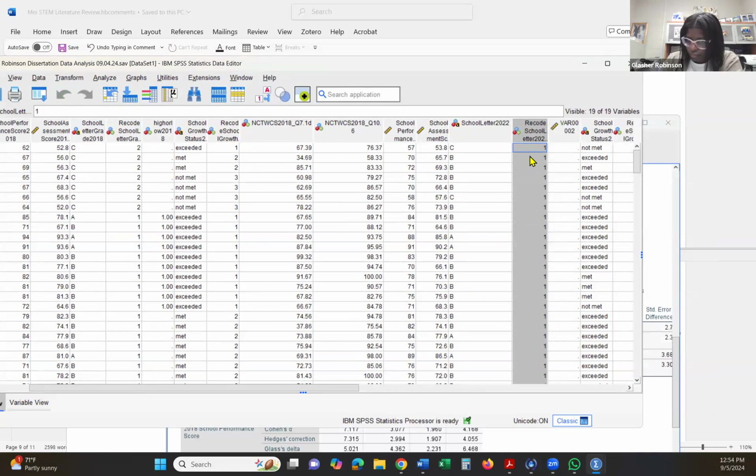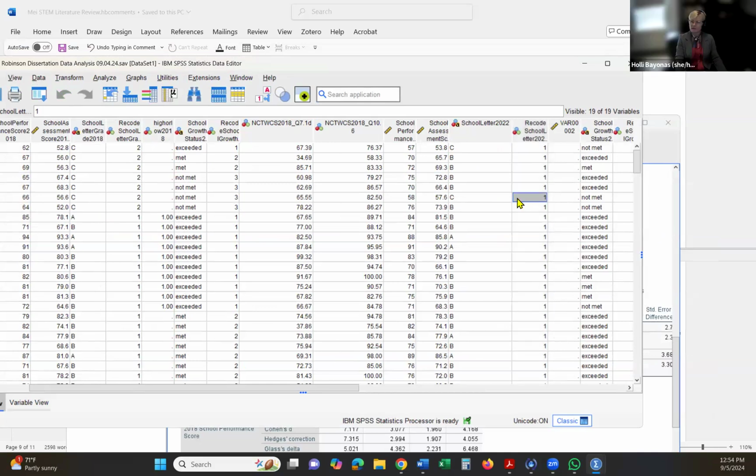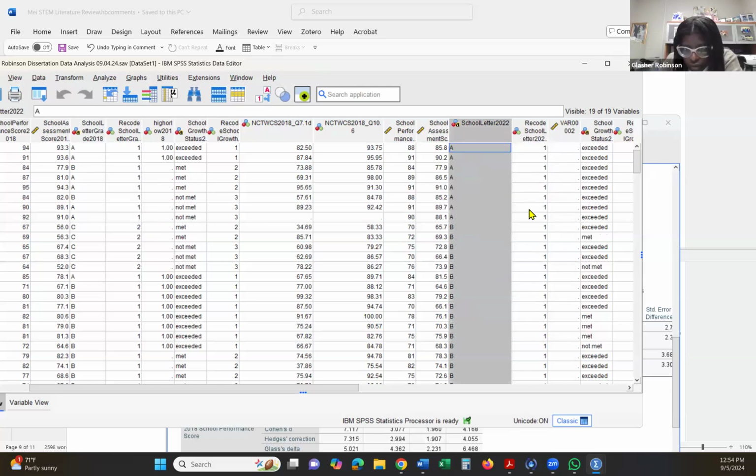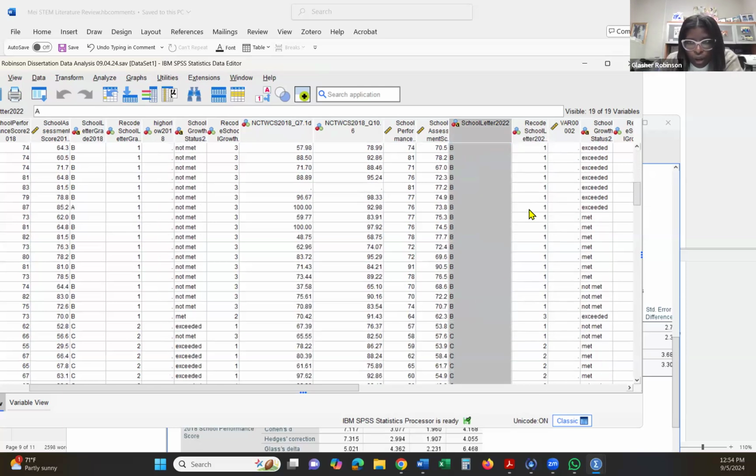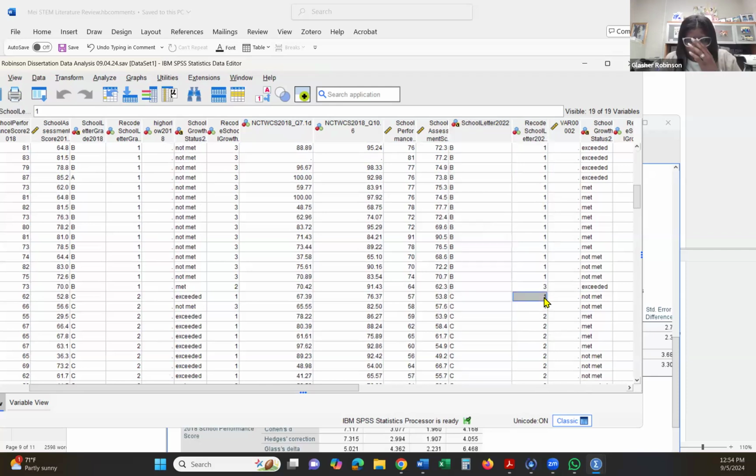How did we get a C for a one? Weren't C's twos? It should have been. Is this one correct? C's are twos. Okay. I'm so glad I found that. Maybe I just need to sort all together. As I'm typing, trying to fix other stuff, making errors, maybe. Two, two.